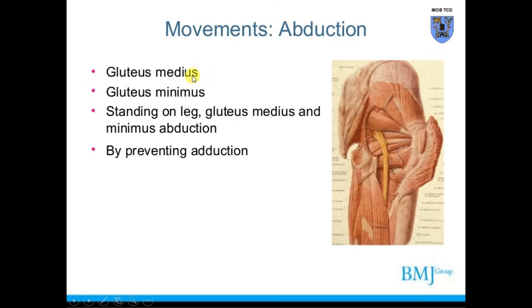How it is produced, you will study when you study the muscles in the gluteal region, the role and importance of the gluteus medius muscle. In Trendelenburg's sign, which is in the abductors, you will study how they maintain our gait.